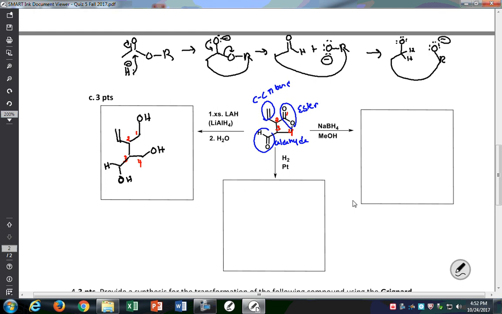If we look at sodium borohydride, again, we won't reduce the carbon-carbon double bond. It's also not strong enough to reduce the ester. So we're only going to get reduction at the aldehyde. Everything else stays the same. And it's common that you draw that hydrogen of an aldehyde.